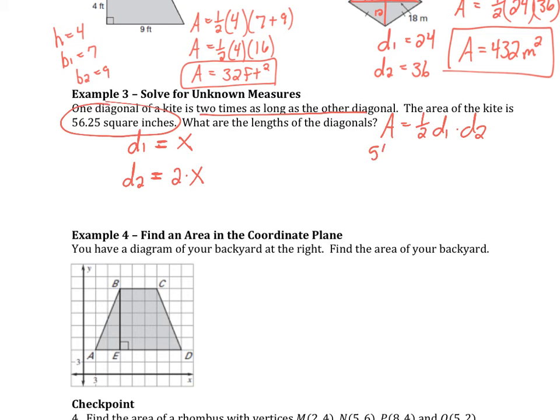So if we substitute in 56.25 equals 1/2 times x times 2x. So we end up with 56.25 equals 1/2 times 2 is 1, and x times x is x squared. So what we have to do here is take the square root of x squared.